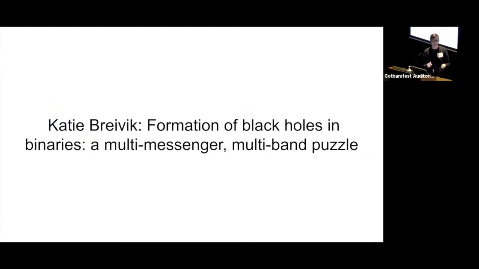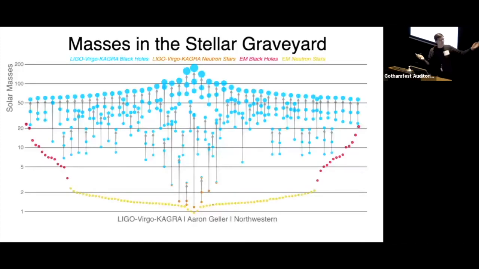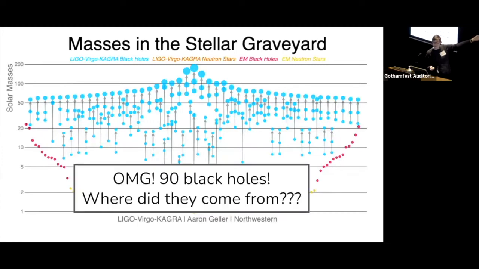That's not really a hot topic to a lot of people. It was in the 70s. But to get people excited, the way that I think about it is black holes. Everyone loves black holes. So we live in 2021. We have, where is it? Come on, 90 black holes.